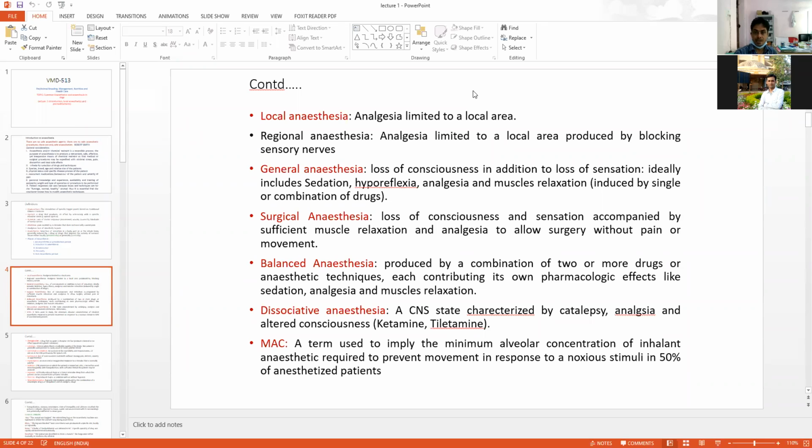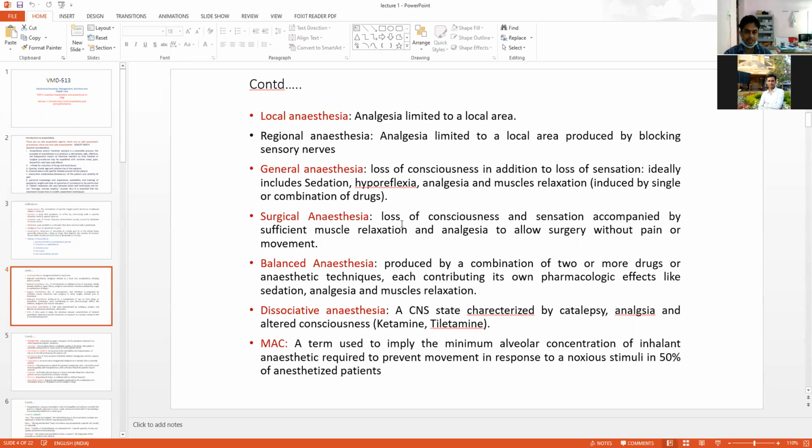General anesthesia is loss of sensation. It includes sedation, hyporeflexia, analgesia, and muscle relaxation. These are the different components of general anesthesia, which we have to achieve either by a combination of two drugs or more than two drugs. Surgical anesthesia means loss of consciousness and sensation accompanied by sufficient muscle relaxation and analgesia.